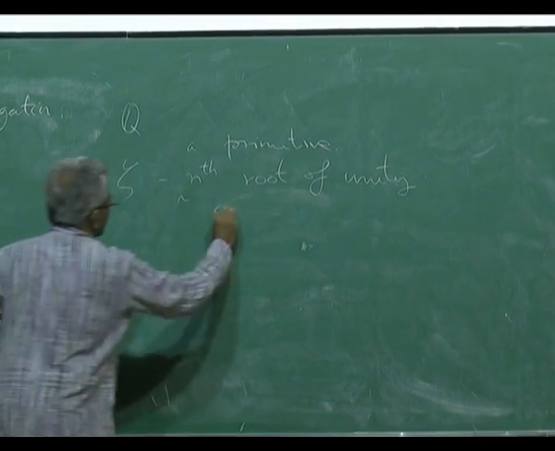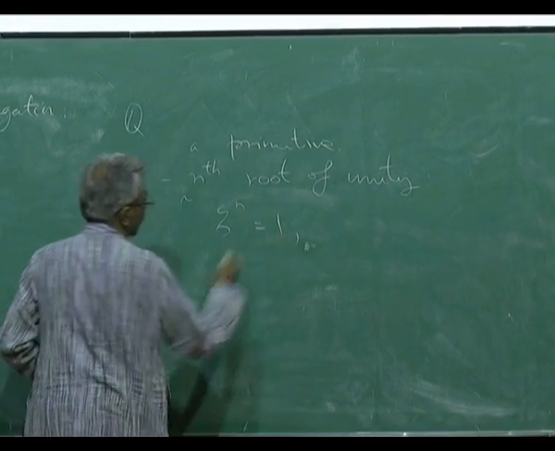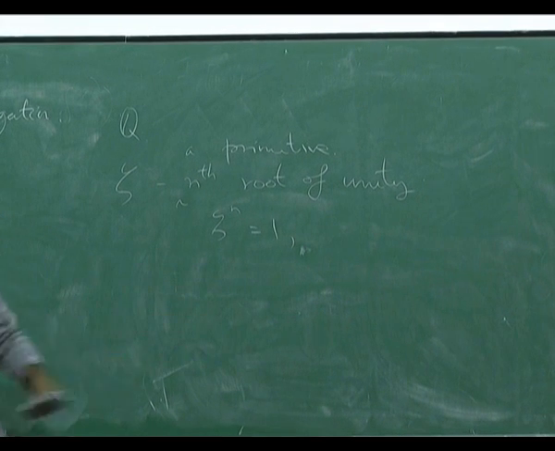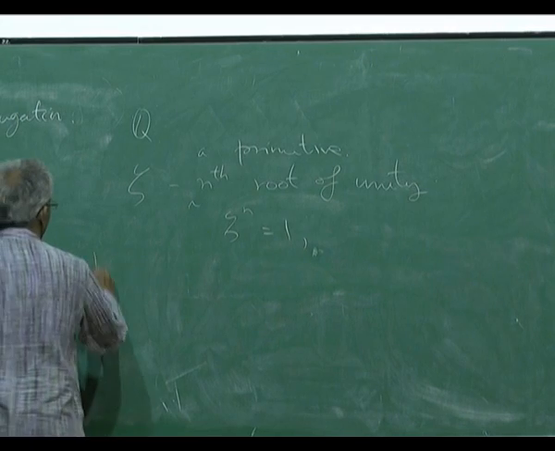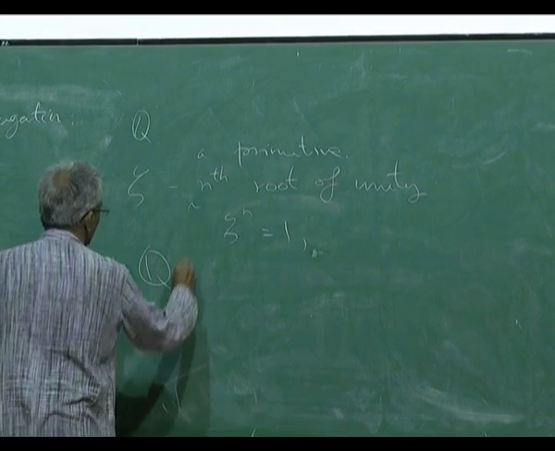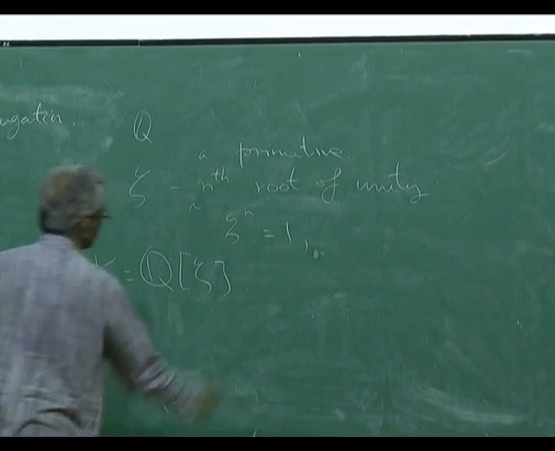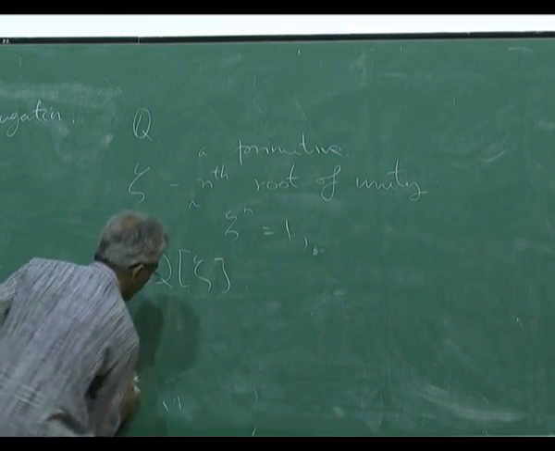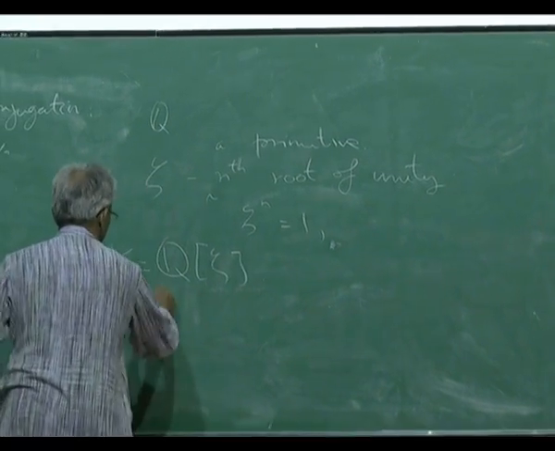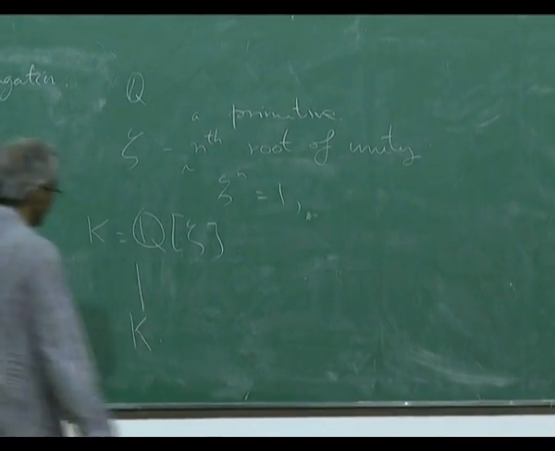So that means that zeta power n is equal to 1, but not for any smaller powers. Then I look at this field K equal to Q adjoin zeta. This is an example of what is called a cyclotomic extension.